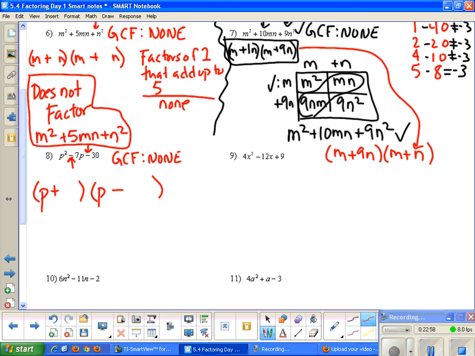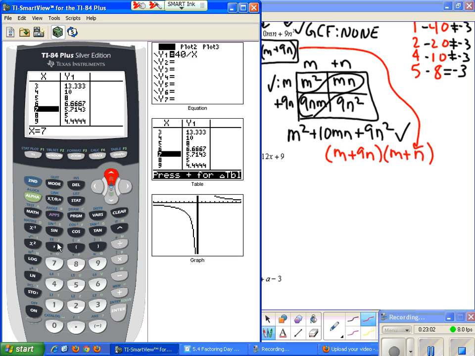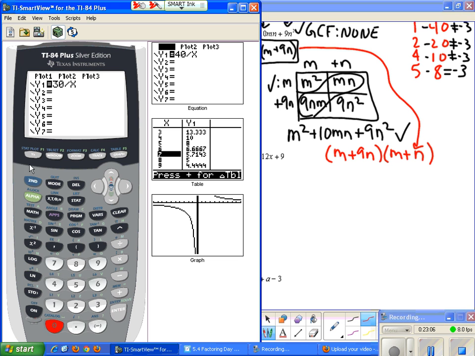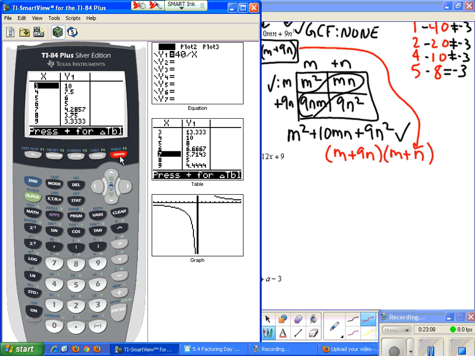So factors of 30 that add up to -7. So let's use our calculator to help us again. So I'm going to do 30 over x. Go to my table. And factors of 30 that add up to -7. And so we said the larger number has to be negative, so I'm just going to do this on my calculator this time.